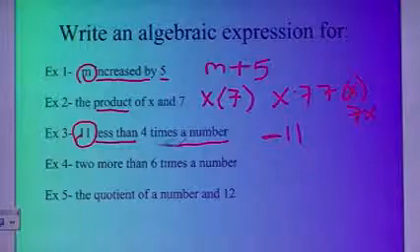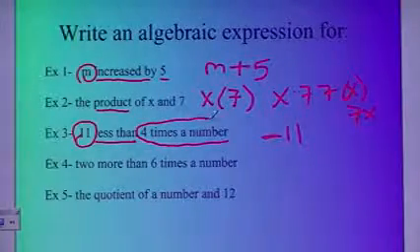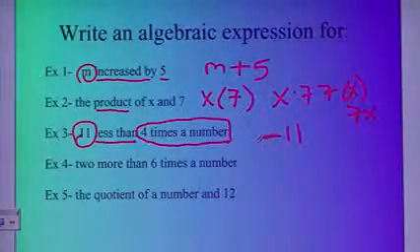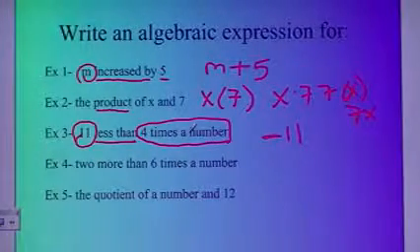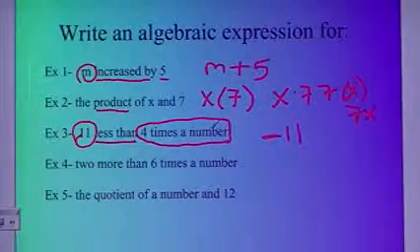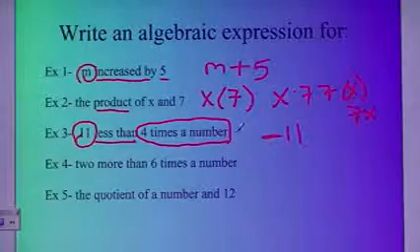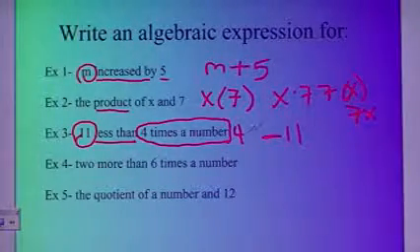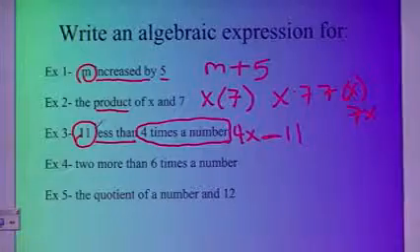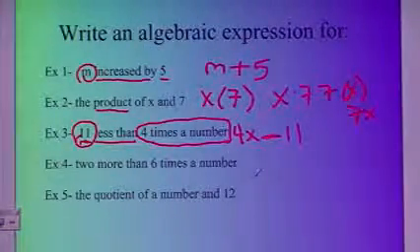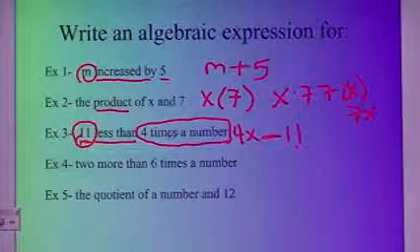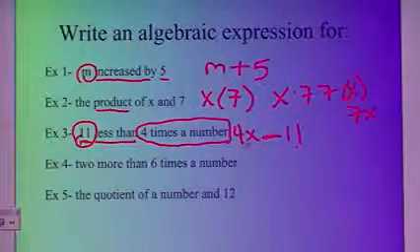Then whatever they write the words in the back, we put that in front. So 4 times a number, I'm going to let my number just be x. So I can represent 4 times a number as 4x. But the key is, for less than and more thans, you have to switch the order. Whatever they say first goes in the back. Whatever they say second goes in the front.